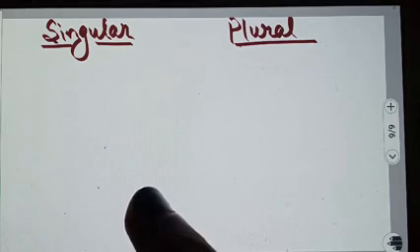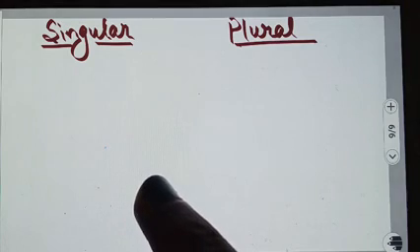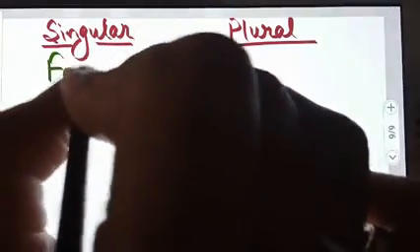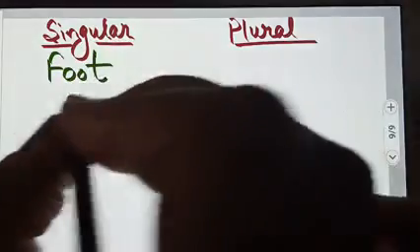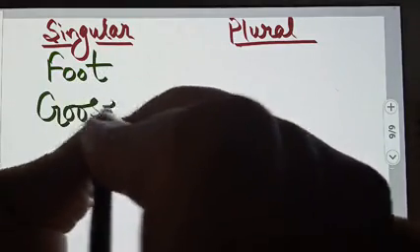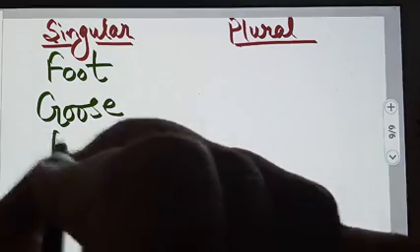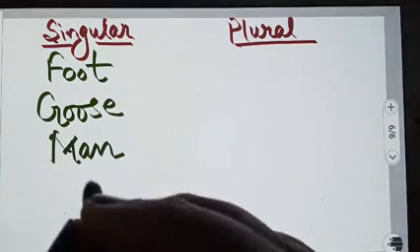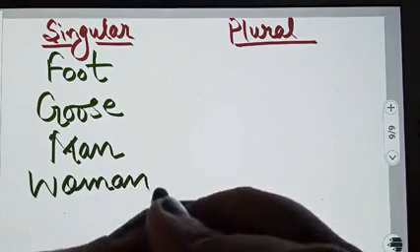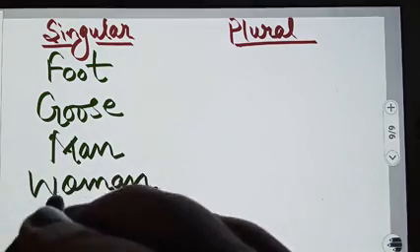So let's take an example of a few words like that. See here, like foot, goose, man, woman, child.